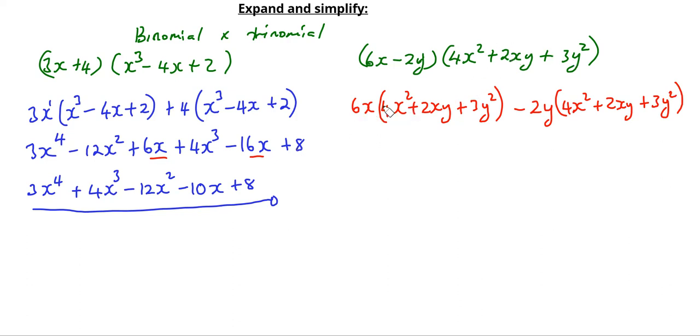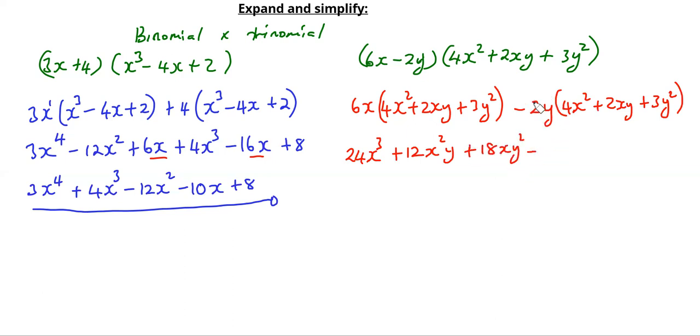So here, 6x times the first one, we're going to get 24x to the power 3. Then 6x times 2xy is going to give us plus 12x squared y. Then 6x times 3y squared is going to give us 18xy squared.